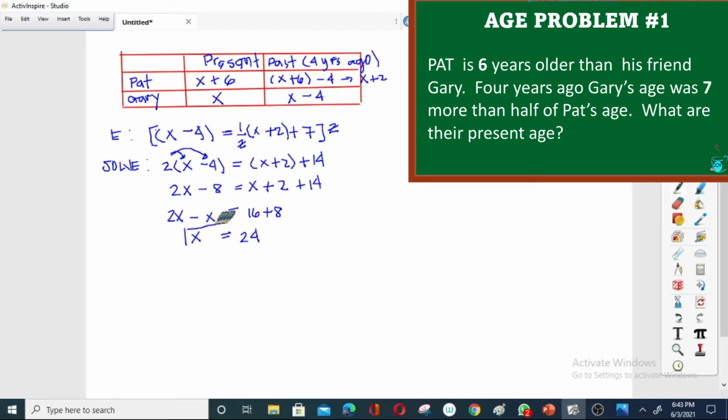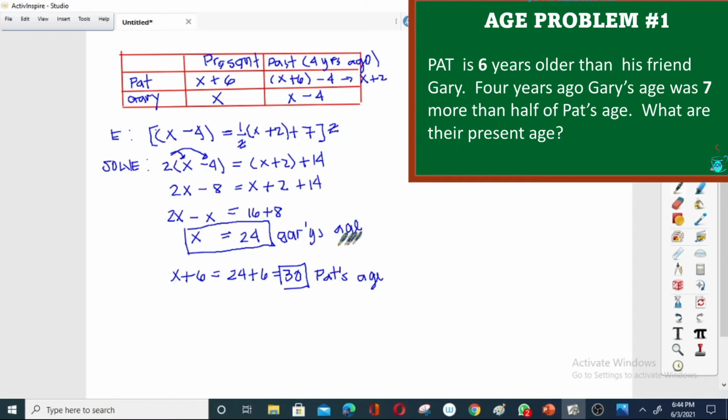So therefore, 24 is the age of Gary. And then Pat's age is x plus 6, which is 24 plus 6, equal to 30. So 30 is Pat's age 4 years ago.